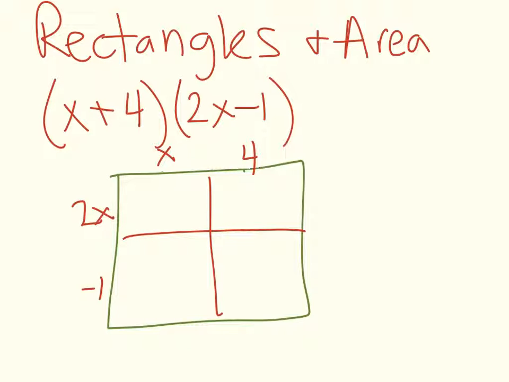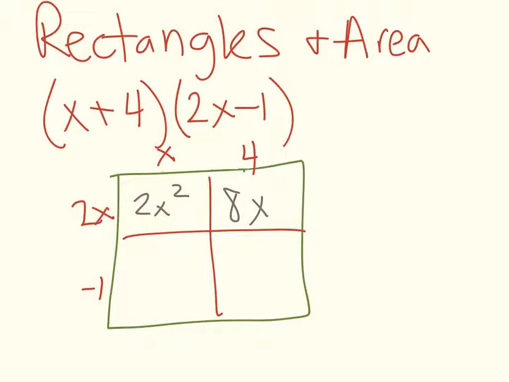Now we have 4 small rectangles that we can find the area of. The top left rectangle has dimensions 2x by x, so its area will be 2x squared. The top right box has dimensions of 4 by 2x. If we multiply 4 times 2x to find this area, we get 8x.